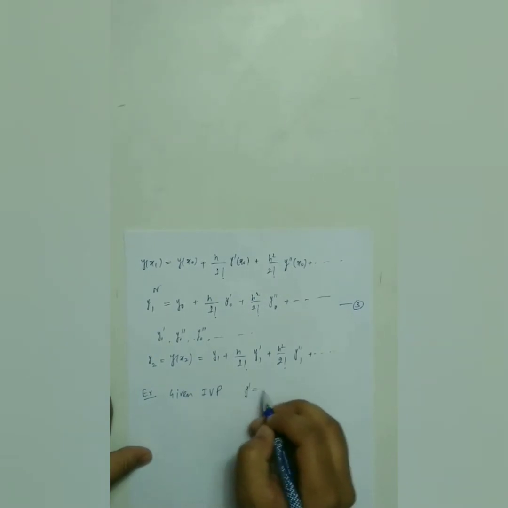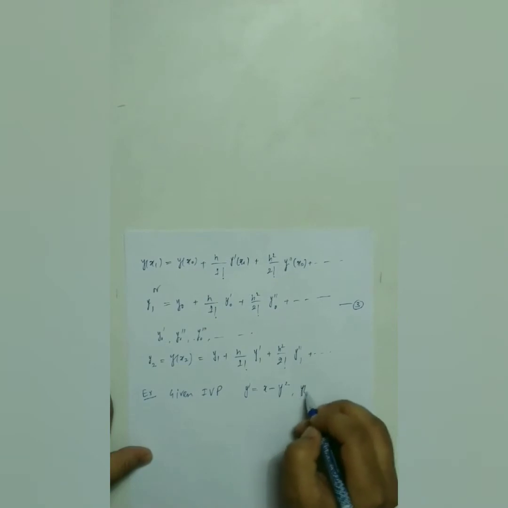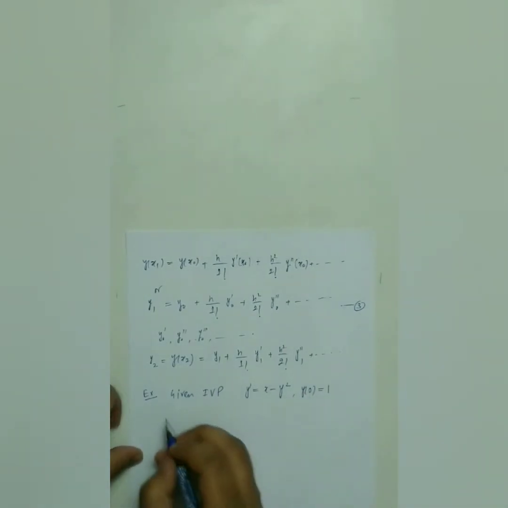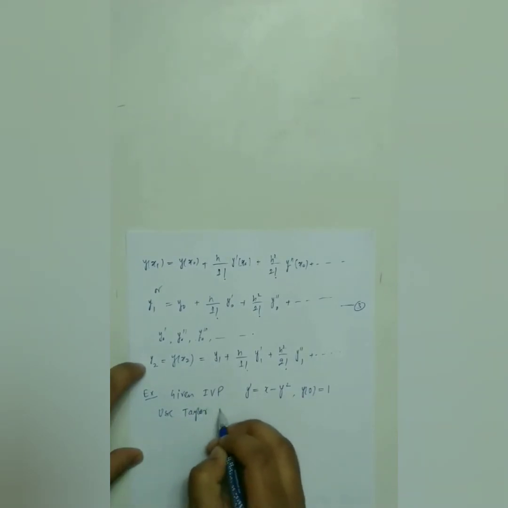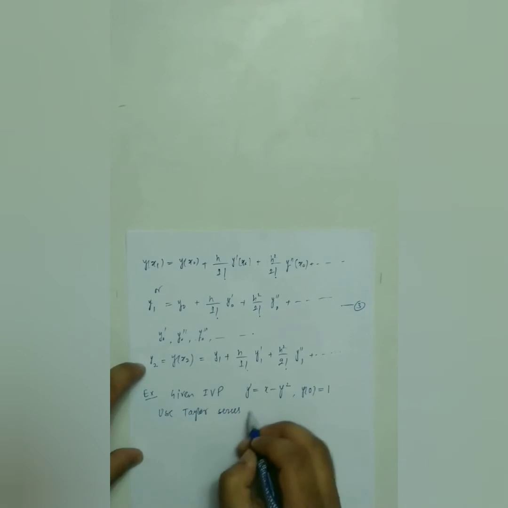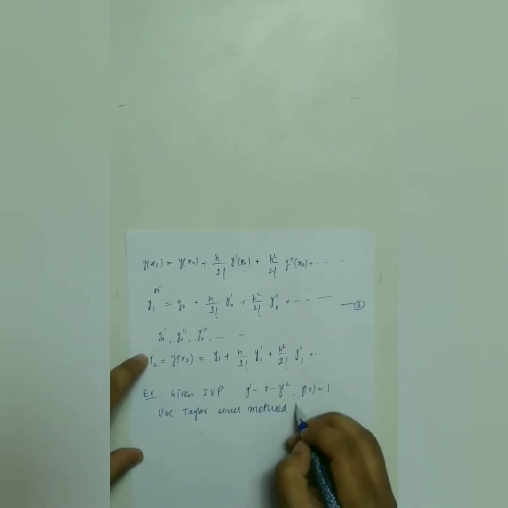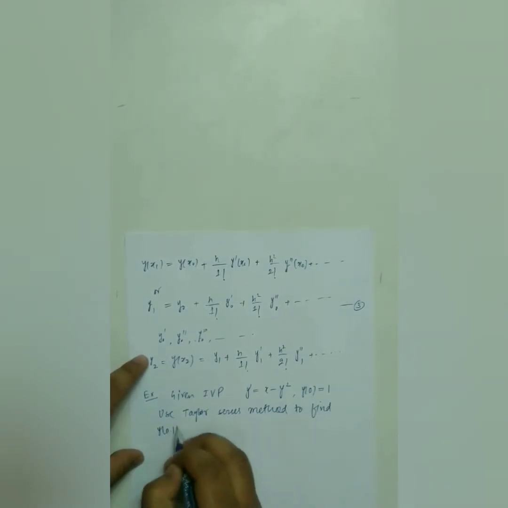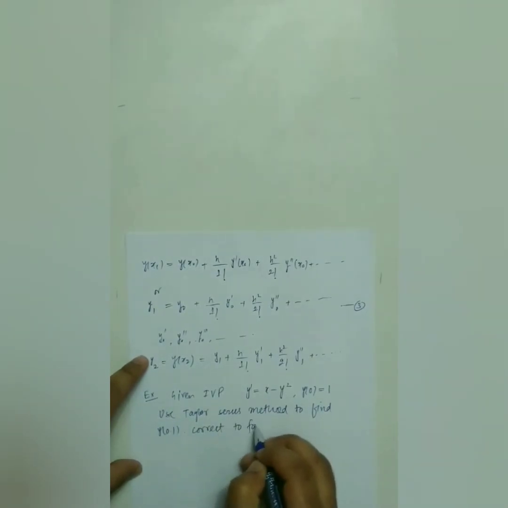Suppose we are given an initial value problem as y dash is equal to x minus y square, and the given condition is y0 equal to 1. We have to use the Taylor series method to find y at 0.1, correct to 4 decimal places.